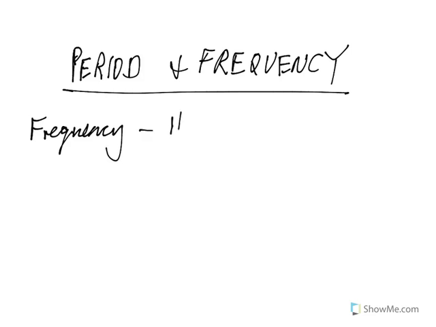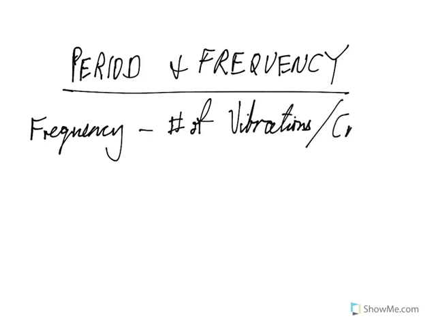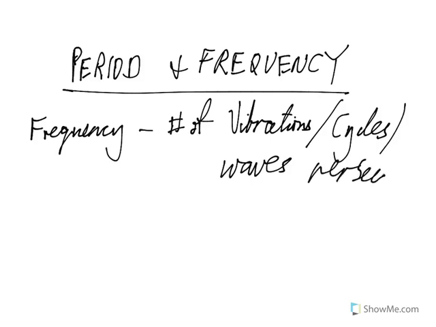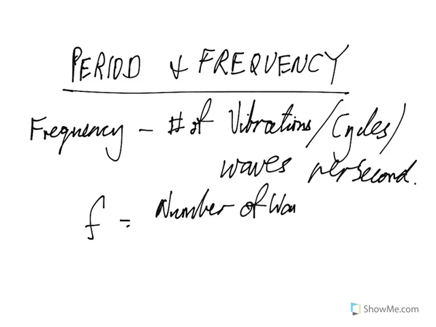So the number of vibrations, cycles, waves per second. All right, so we can do the frequency is your number of waves over the time period. All right, to work out the frequency.